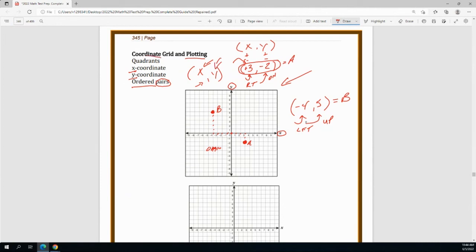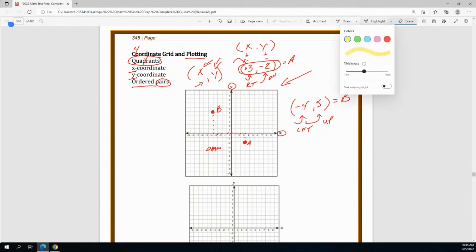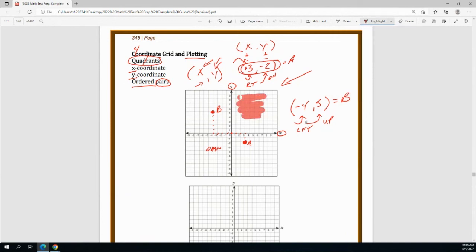Okay, let's talk about quadrants. Do you notice it says quad? Quad means 4. So let me show you what that's indicating. That's talking about the sections of this coordinate grid. Now, first off, I'm going to get a color, and I'm going to mark this one. This one is quadrant number 1. Now, I'm going to mark another one.